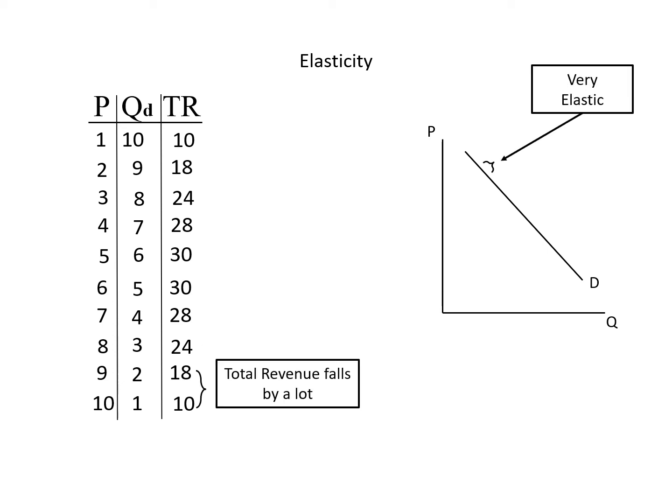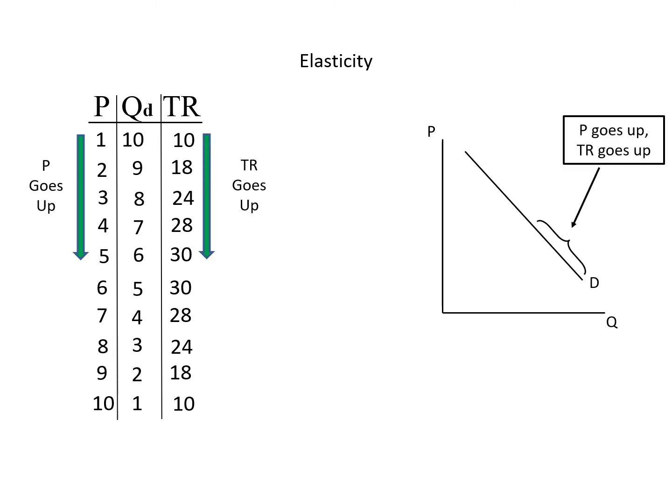This shows us that if we wanted to maximize our total revenue, now remember, firms want to maximize profits, not necessarily total revenue. But if we wanted to maximize total revenue, we'd never want to price the product in the inelastic range of our demand curve because we could increase our total revenue by raising our price.